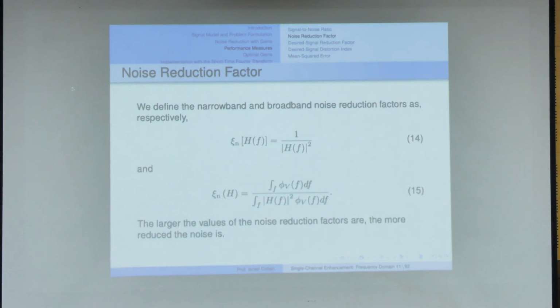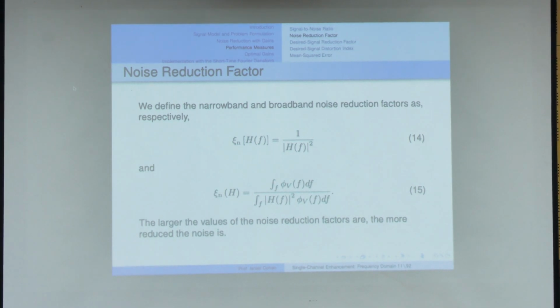Noise reduction factor. It means the ratio between the original noise, the variance of the noise in the input, divided by the noise at the output. So we get this ratio, which is 1 over magnitude squared of H. This is the narrowband. If we talk about the broadband, we need to take the integral here divided by the integral in the denominator, because this is the total variance of the noise at the input, and this is the total variance of the noise at the output.